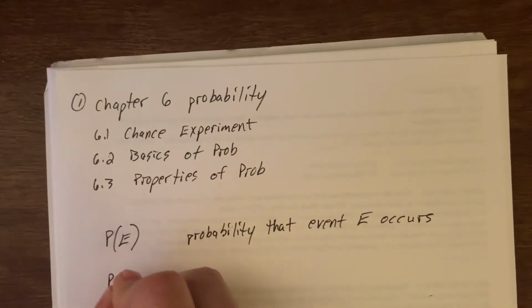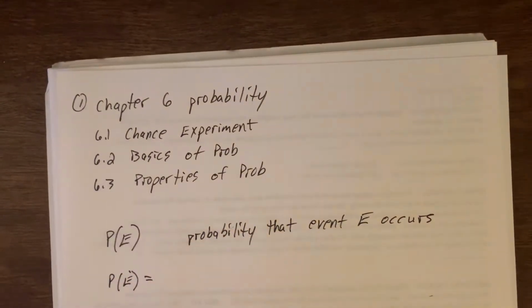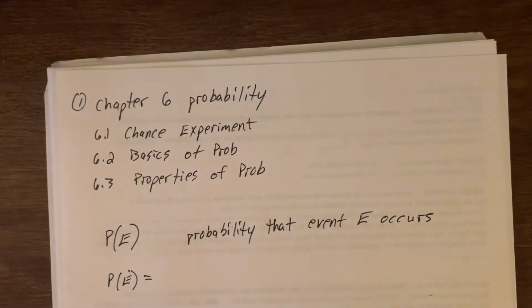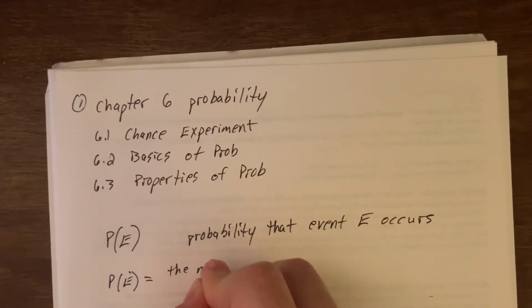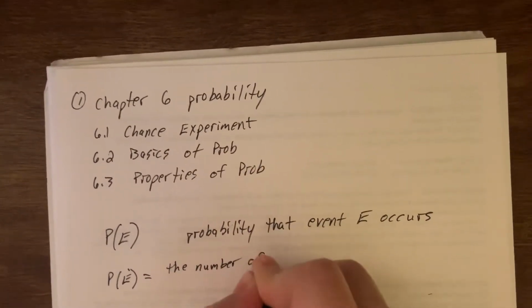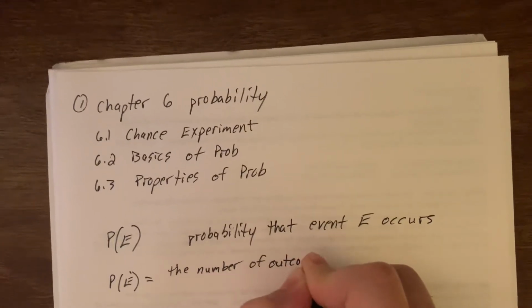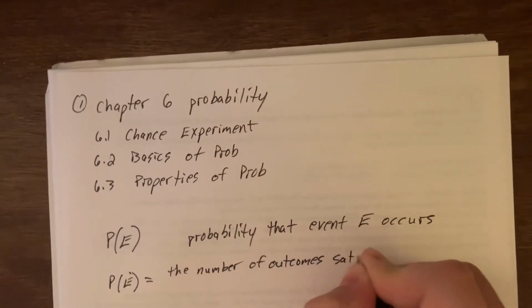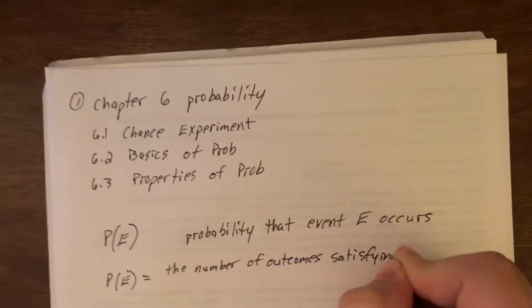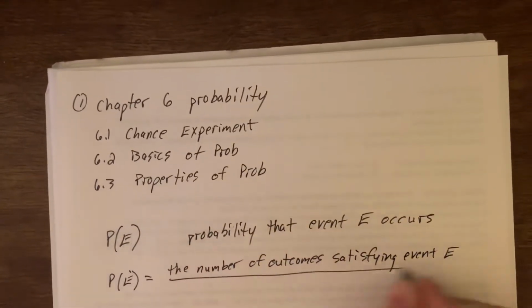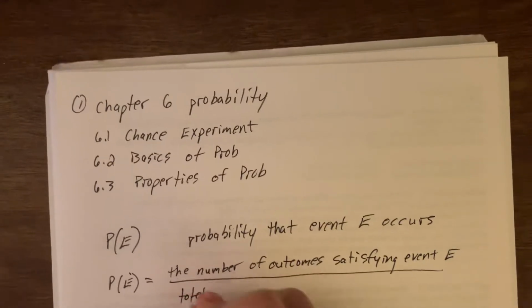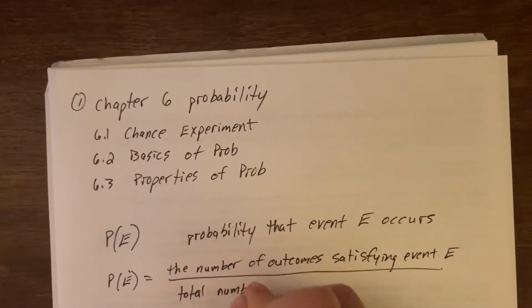The literal formula that we get for the probability event E occurs is simply the number of outcomes satisfying event E divided by the total number of possible outcomes.